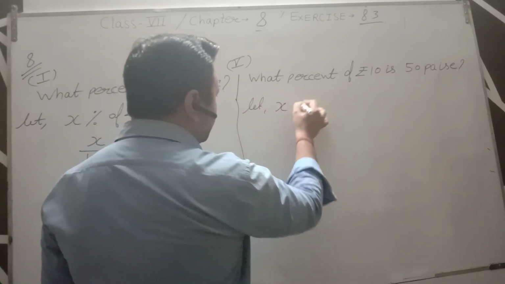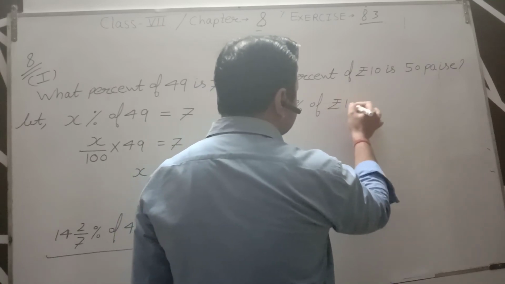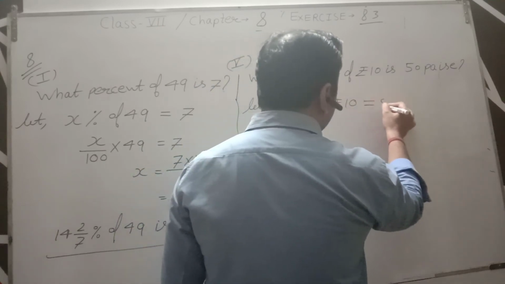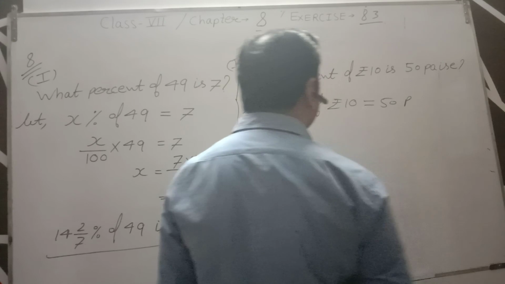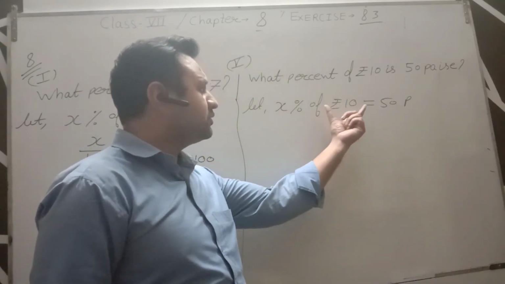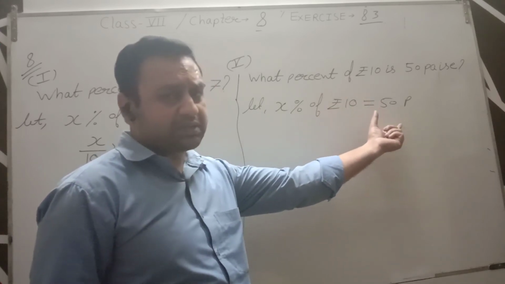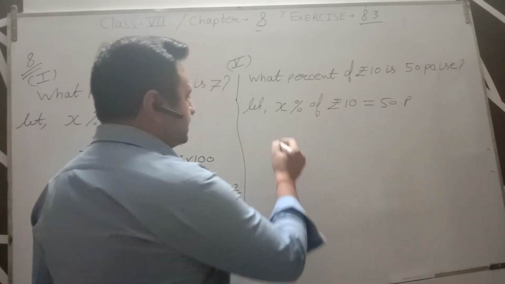Similarly, fifth part, let x% of ₹10 be equal to 50 paise. But here on the LHS there is an amount in rupees and an amount in paise. So we convert rupees into paise.